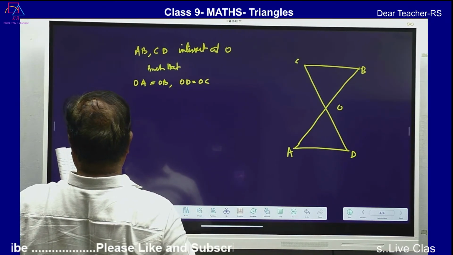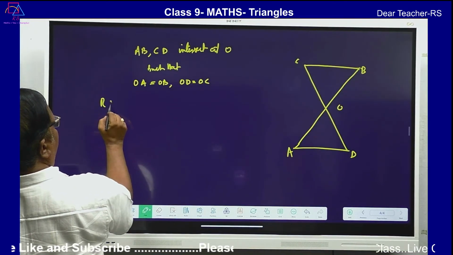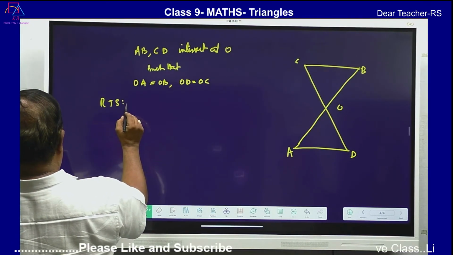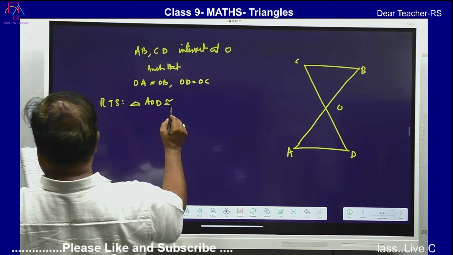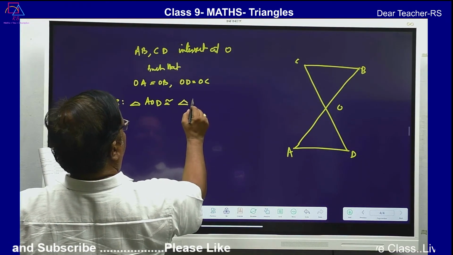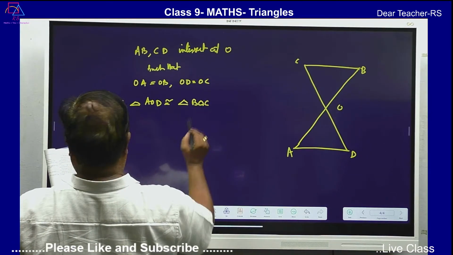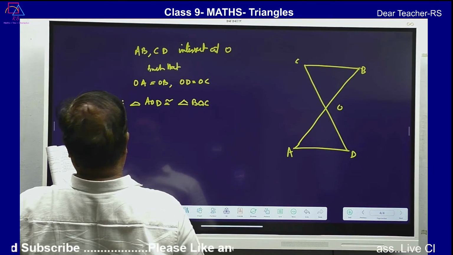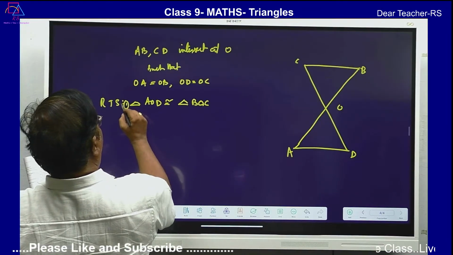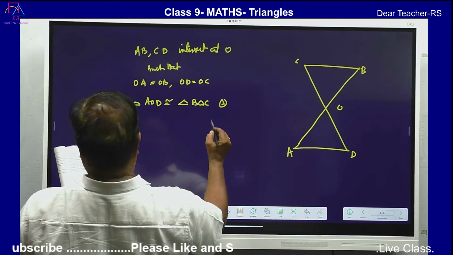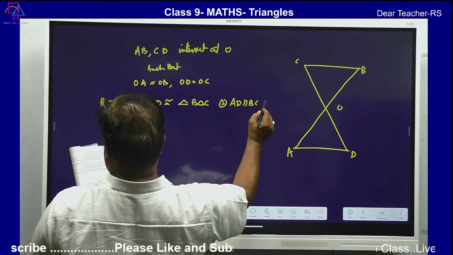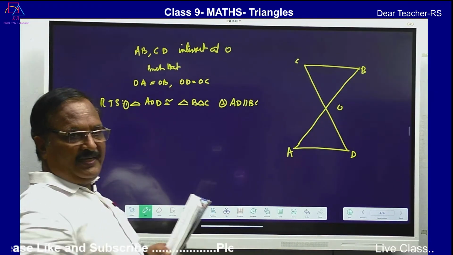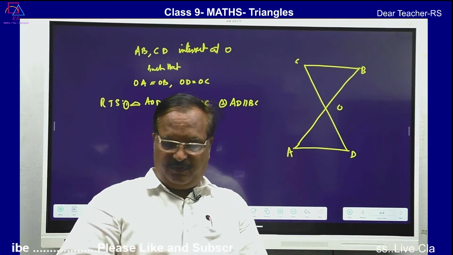Then required to show triangle AOD is congruent to triangle BOC. And then second, RTP: AD is parallel to BC. Two RTPs are there, so we have to do two RTPs.